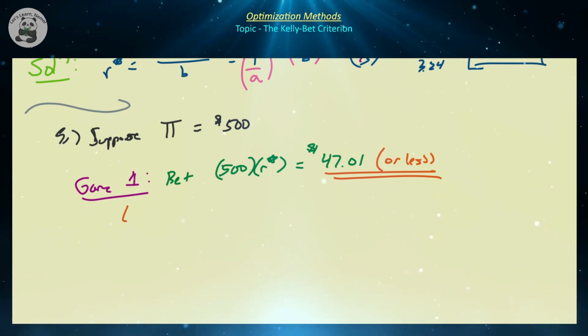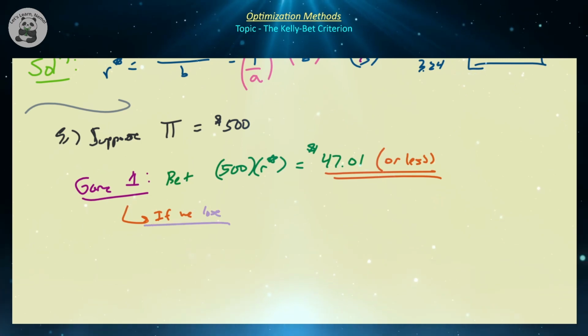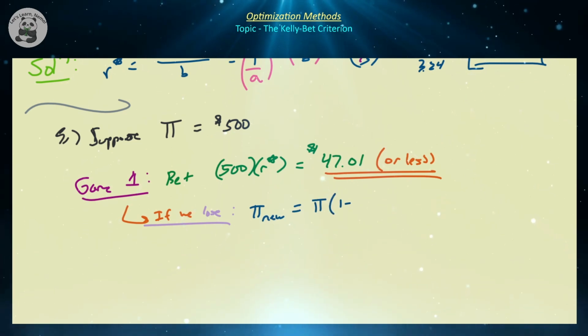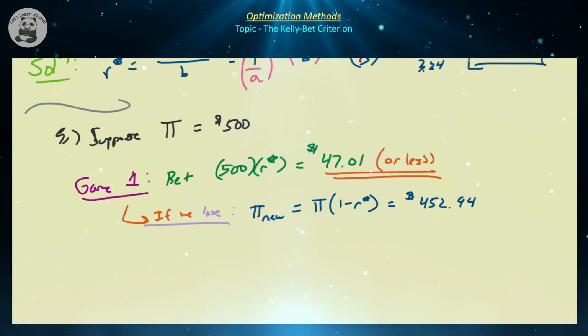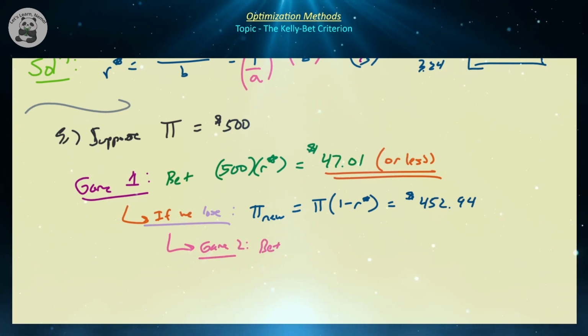So if we lose, and that's a sad story, that means our new total portfolio is going to be equal to, keep in mind, pi times 1 minus R star, which is going to be equal to $452.94. And again, let's assume that we want to play again, right? So game 2, we're going to wager the same exact structure.